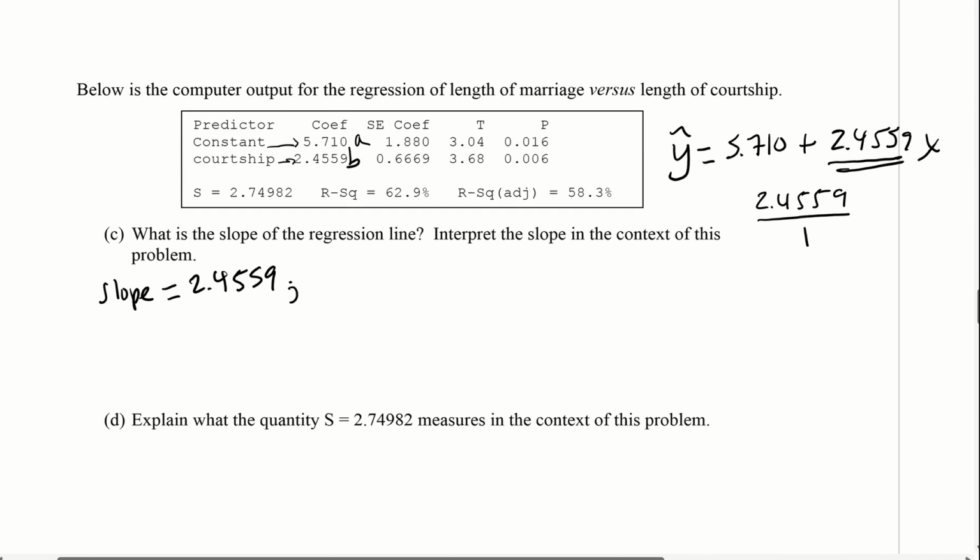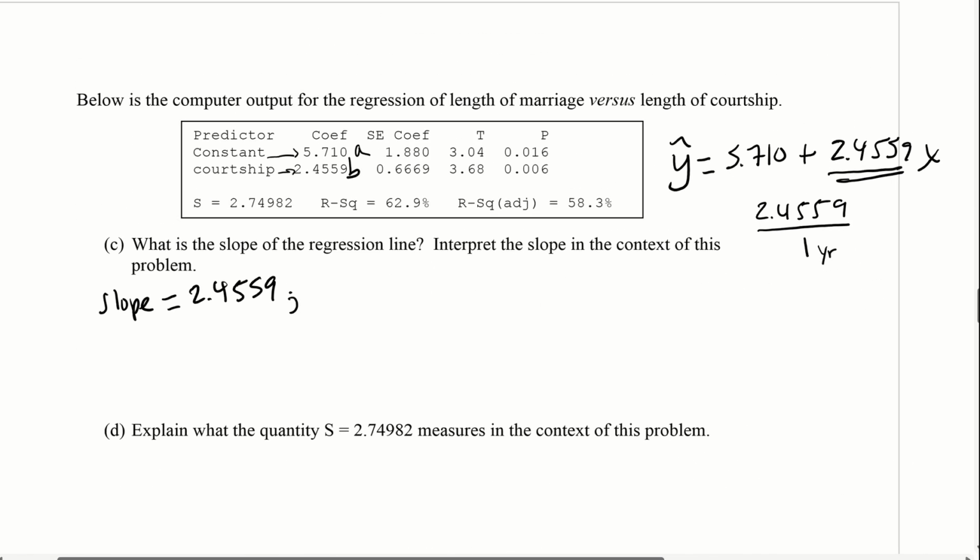So for every 1 year increase in courtship, there's an increase of 2.4559 years in the marriage. Okay, so that's what it's saying, and that's what we're going to say.